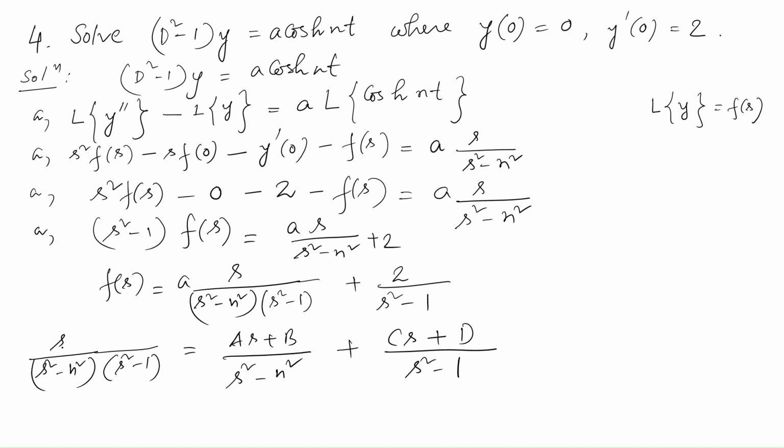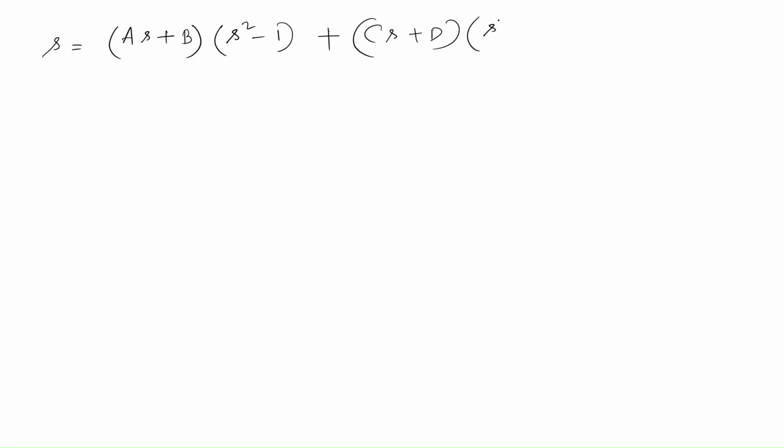So s equals (As plus B) multiplied by (s square minus 1) plus (Cs plus D) multiplied by (s square minus n square).